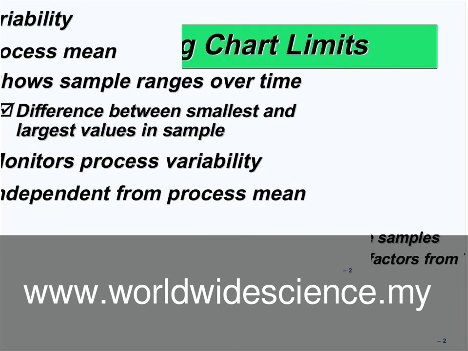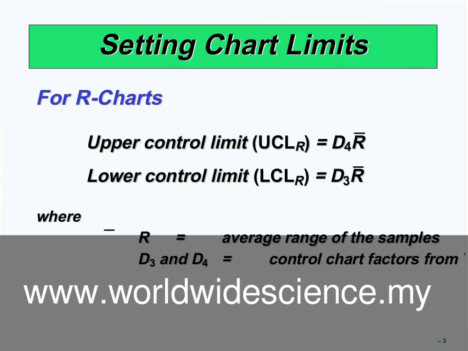I'm writing for you the concept of range in the chat. As I wrote, and as you can see in the chat, R or range is maximum minus minimum in each sampling.